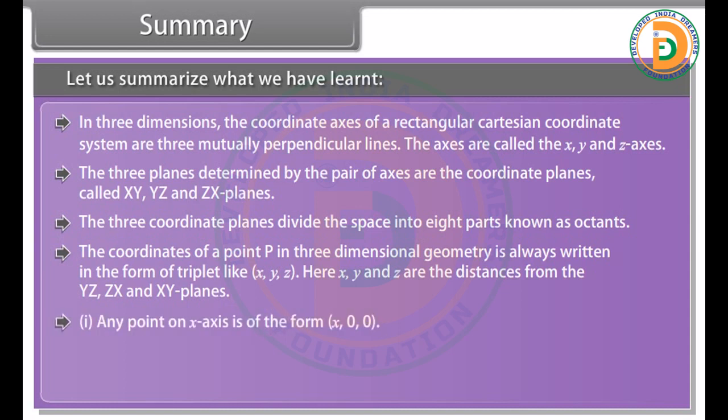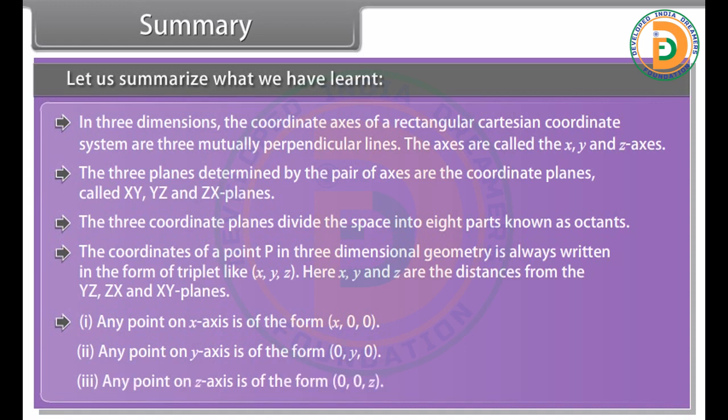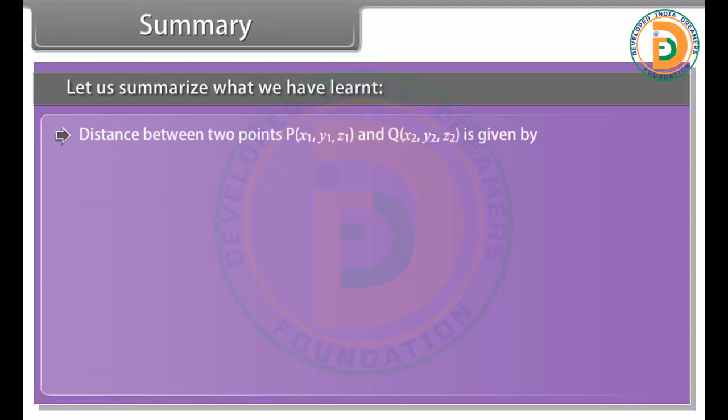Any point on the x-axis is of the form (x, 0, 0). Any point on the y-axis is of the form (0, y, 0). Any point on the z-axis is of the form (0, 0, z). Distance between 2 points P (x1, y1, z1) and Q (x2, y2, z2) is given by the distance formula.